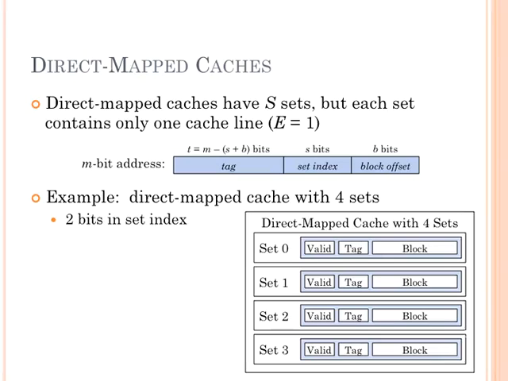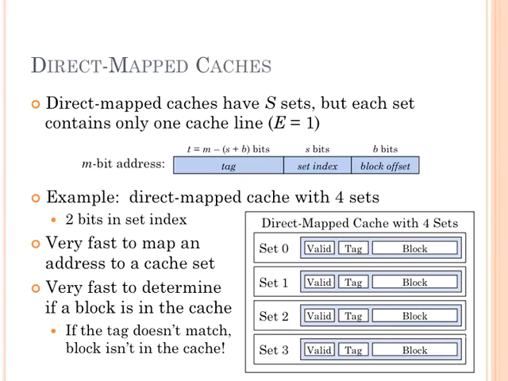Obviously, I look at the valid flag as well. If they don't match, I need to evict that block and load the new one. Okay, so it's fast to map an address to a cache set. Fast to say that 5 times fast. Fast to determine if a block is in the cache. I just have to look at the one tag of the cache line in the set. Okay, that's direct map.